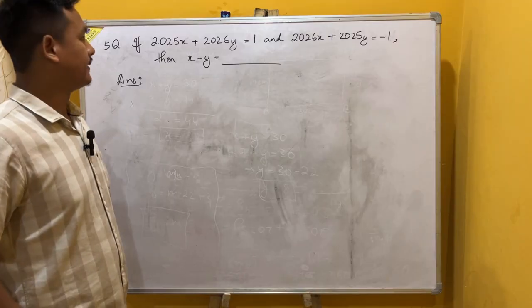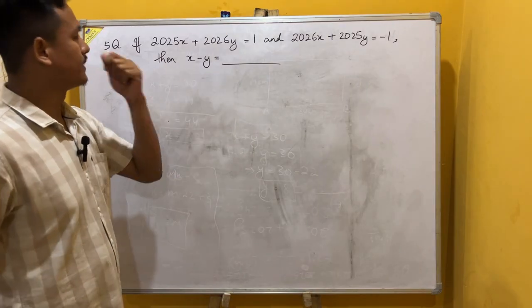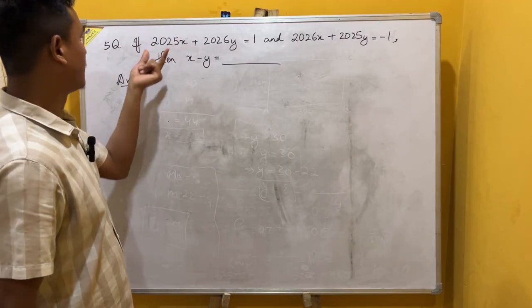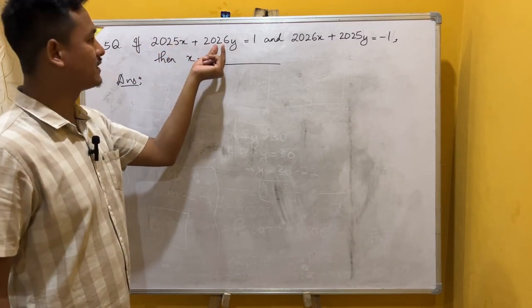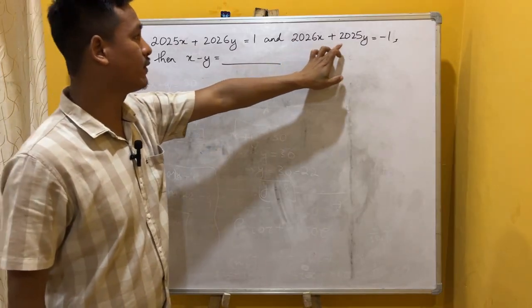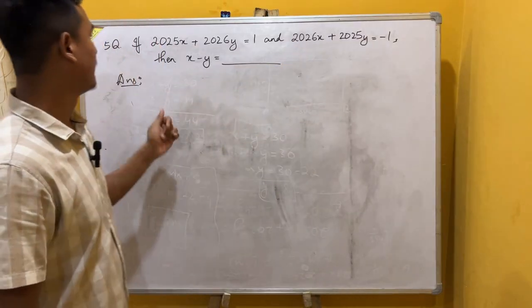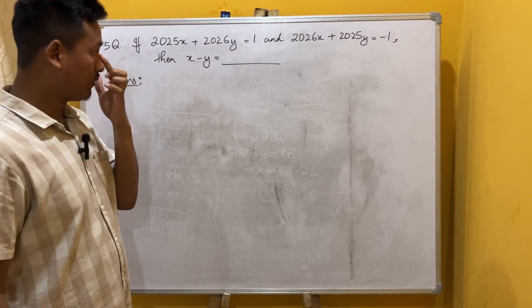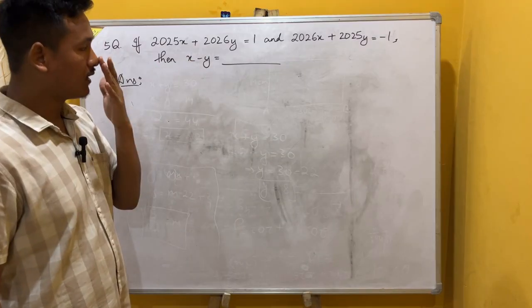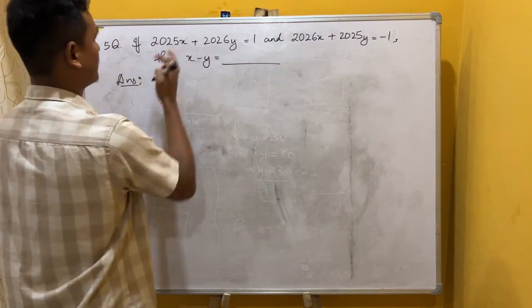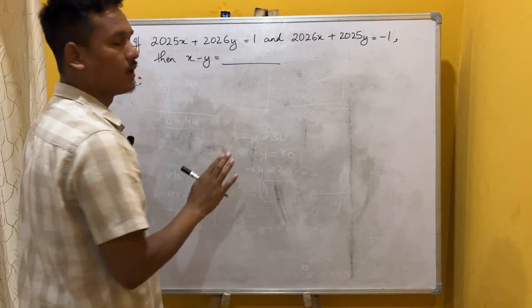Okay, now look at this question. We see a pair of linear equations, but the coefficients are too large: 2025x plus 2026y equals 1, and 2026x plus 2025y equals minus 1. Then x minus y equals how much? When we see questions like this, observe the coefficients of x and y.